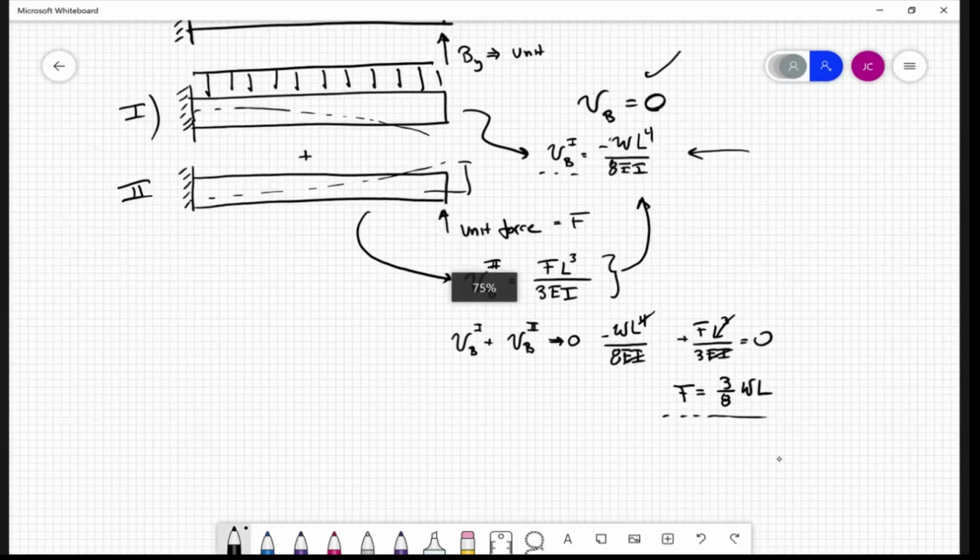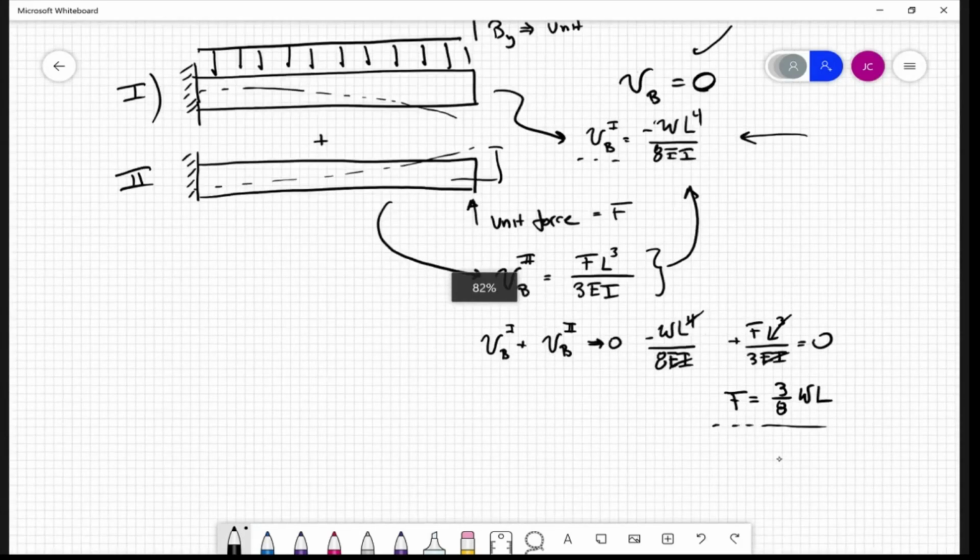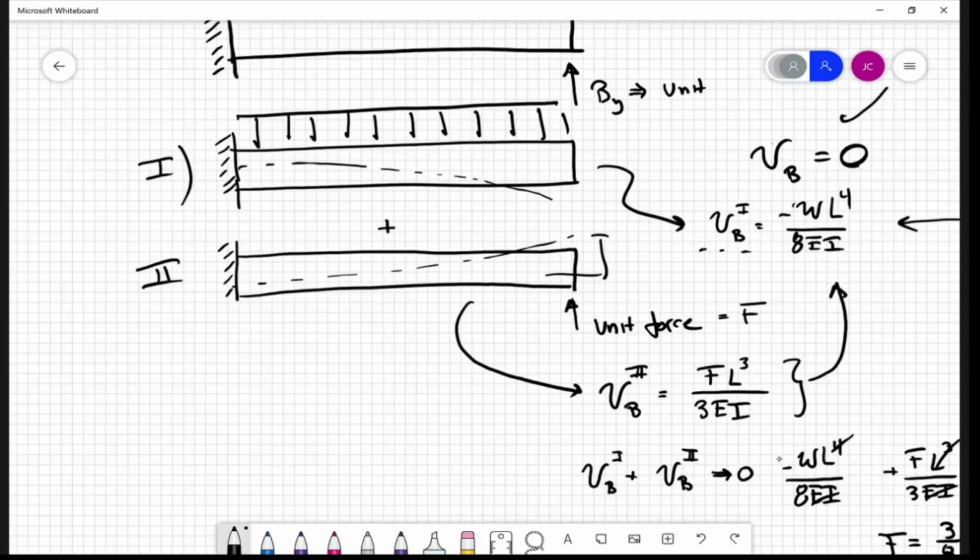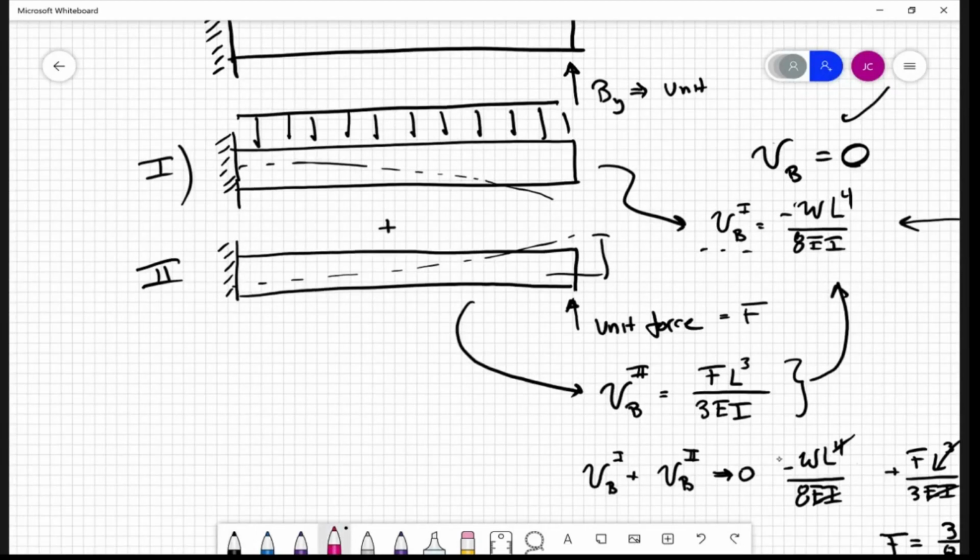Now, in this case, we can figure this out. For case 1, the reaction forces at point A are going to be as follows. The up force here is going to be W times L. That's the shear force there.